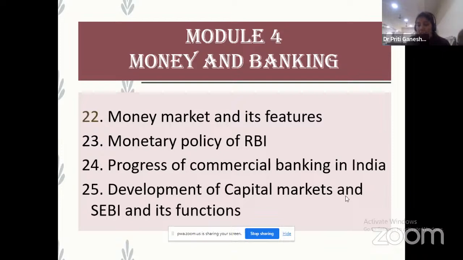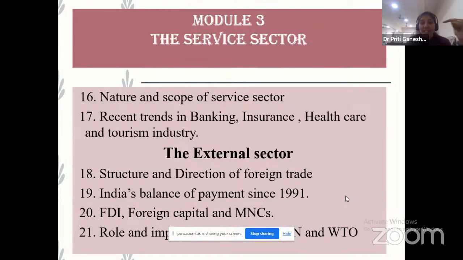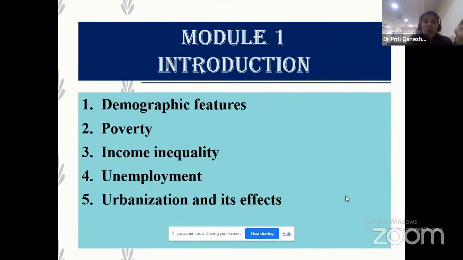Again, from that you can do only the service sector, and the entire external sector you can omit. You don't do the theory questions, but you just do your objective part from this section. So this is the general guideline on what chapters you have to cover under this paper.